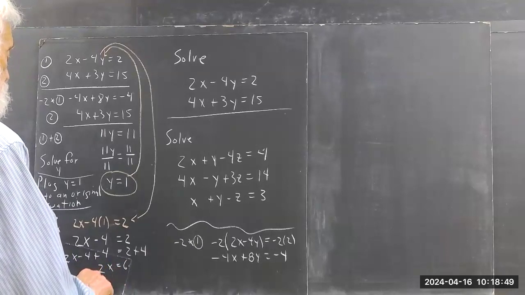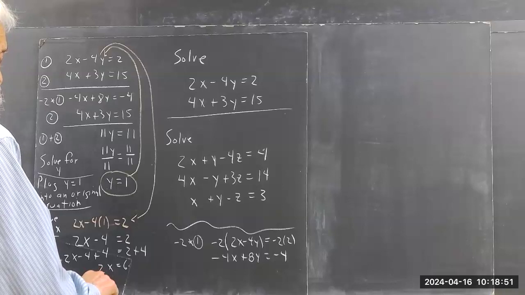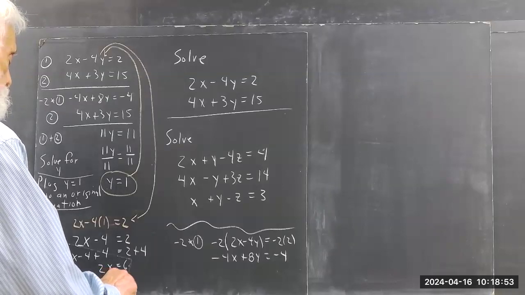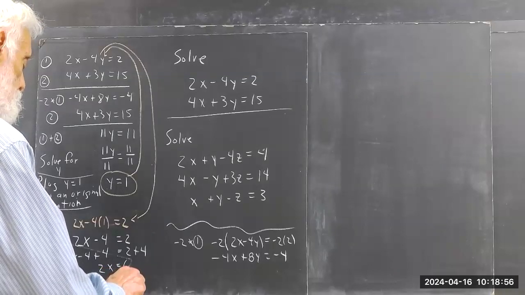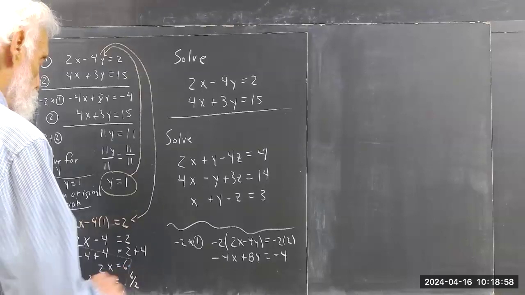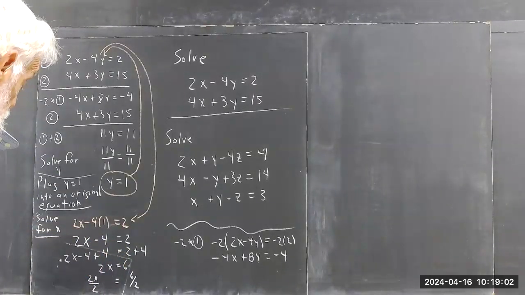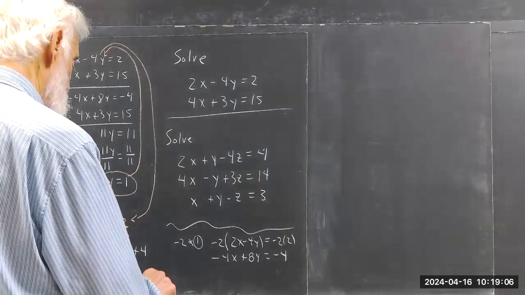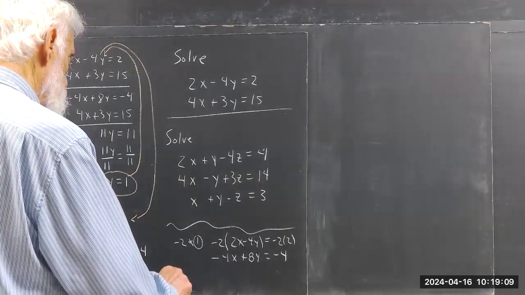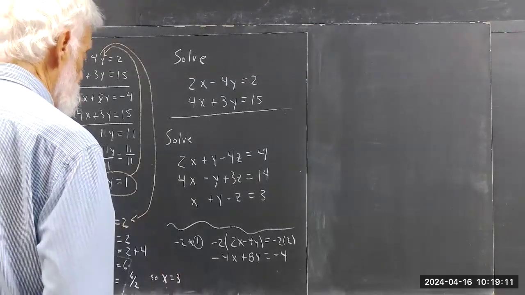We divide both sides by 2. My alignment here is, I've got a glitch before that I had to work around. Okay. So x equals 3.